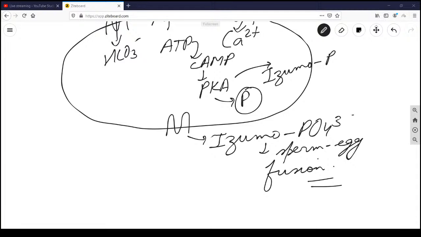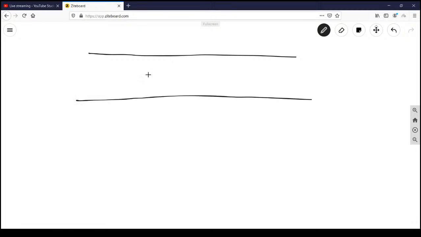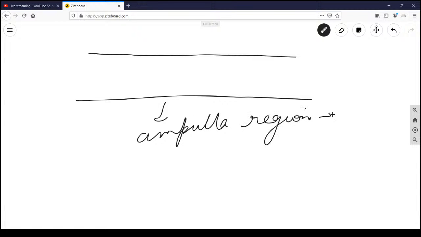Now the sperm and egg are in close vicinity. Just imagine this fact. I am giving you a sequential concept; that's why I was teaching in this sequence. Now we have reached the ampulla region of the oviduct or fallopian tube, where fertilization is supposed to take place.